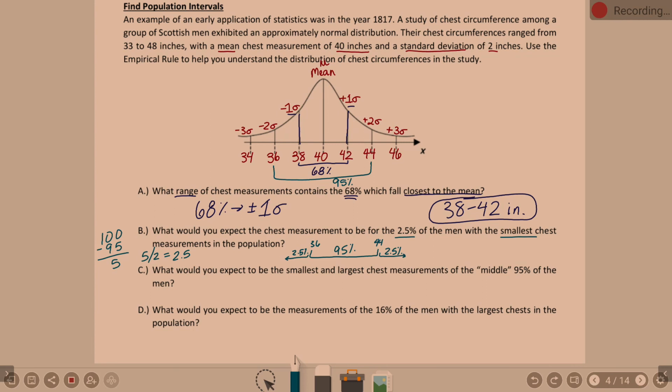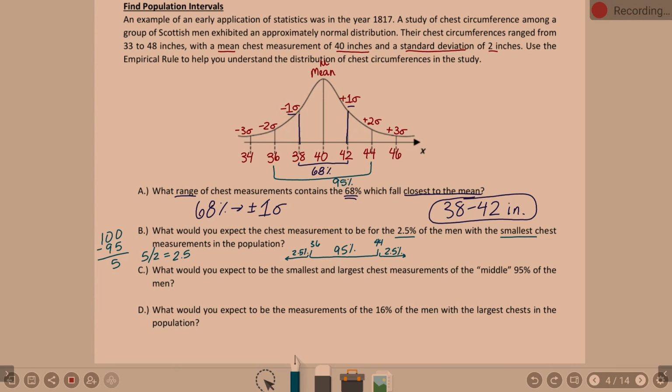Now, there's the math. 95 plus 2.5 plus 2.5. Am I still at 100%? Because here's what you have to understand. How much data is underneath this curve? It's always going to be 100% every time. So if 95% is in the middle, I've got 5 on my out pieces. If I split it, I put half of it up here, half of it down here. That's putting 2.5 on each end.